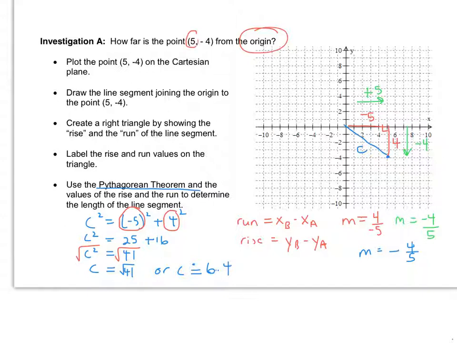Notice I have a 5 here, and I ended up using 5 in my, it ended up being the run, and I've got a -4, and that was my value of my rise when I worked with the green possibilities there. So really this c squared is really my x coordinate squared plus my y coordinate squared. Okay, flipping to the next slide.